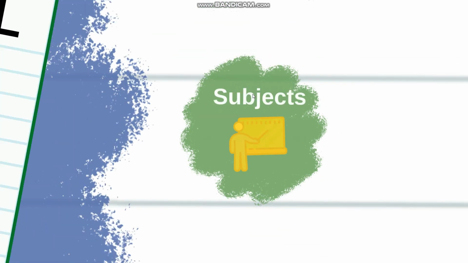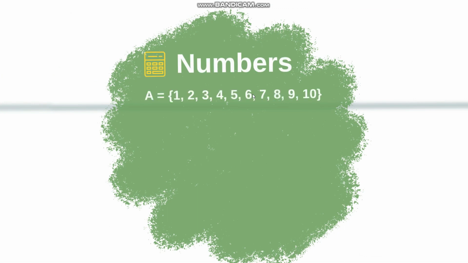Okay, let's continue to our example and let's go to numbers. On numbers, for example, we have set A. Our set A contains the elements 1, 2, 3, 4, 5, 6, 7, 8, 9, and 10. So this is just a finite set only consisting of elements 1 to 10.